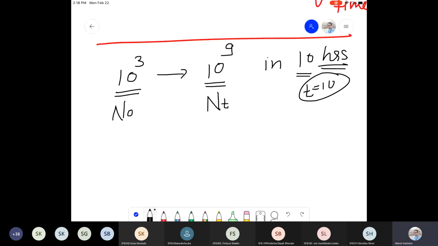First of all, find out how many generations have taken place and then find out the generation time. 1 hour में कितने generations होते हैं, then find out how many generations, what is the generation time.